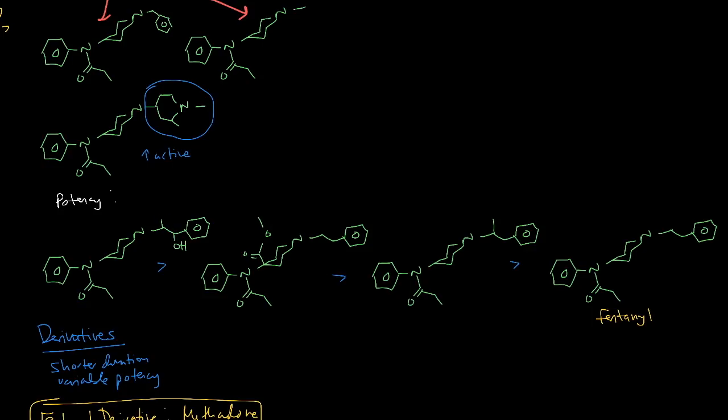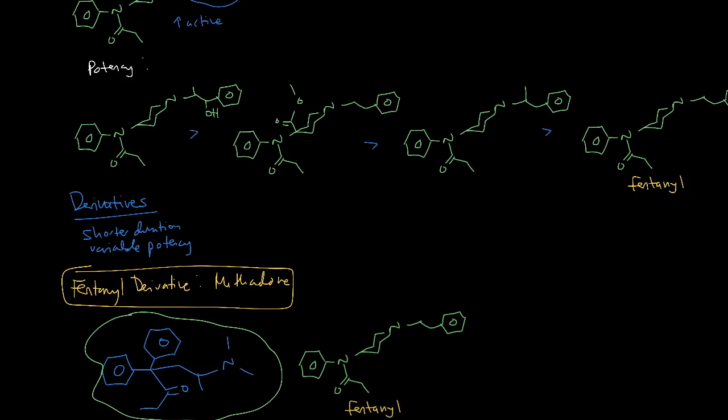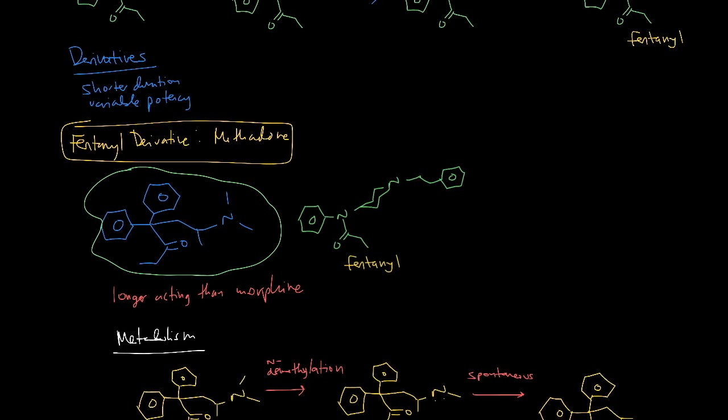Your fentanyl derivatives have shorter duration and variable potency. Let's see. Fentanyl can be derivatized to form methadone, which is also a prototype. So here's methadone, and here's fentanyl.